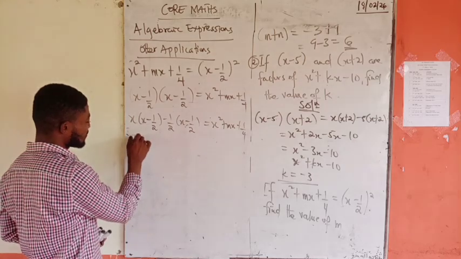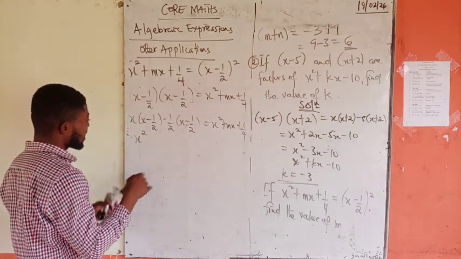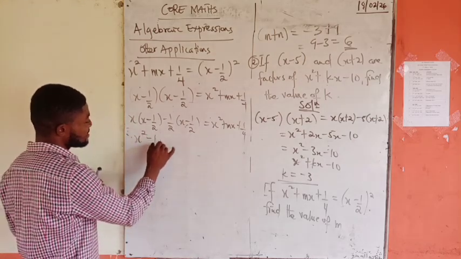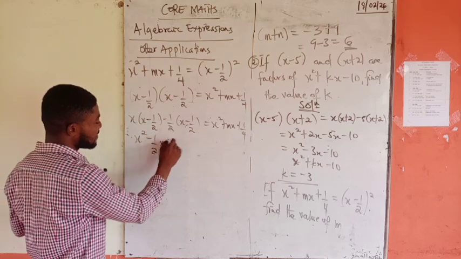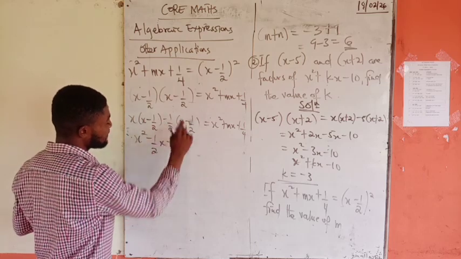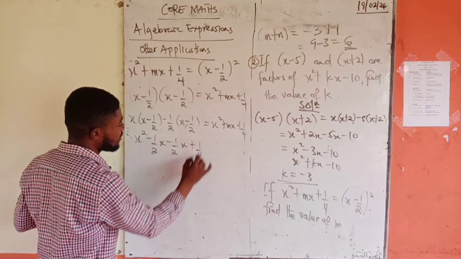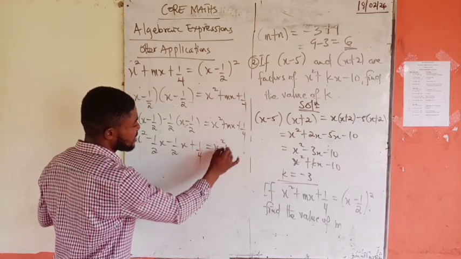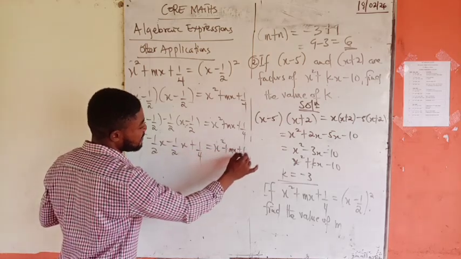X times x, x squared, x times half, minus half x, minus half times x, minus half x, minus half times half, plus 1 over 4 is equal to x squared plus mx plus 1 over 4.